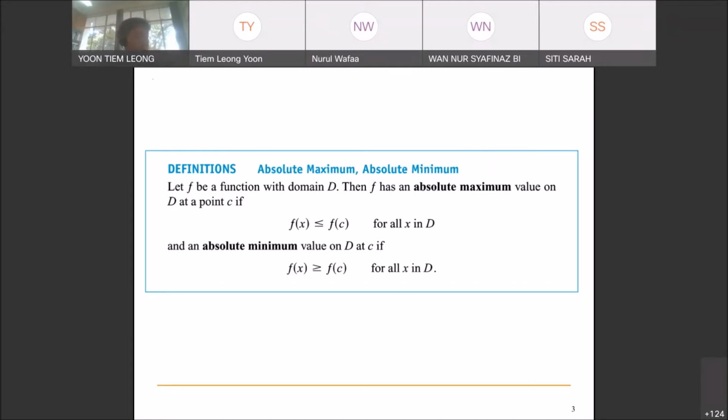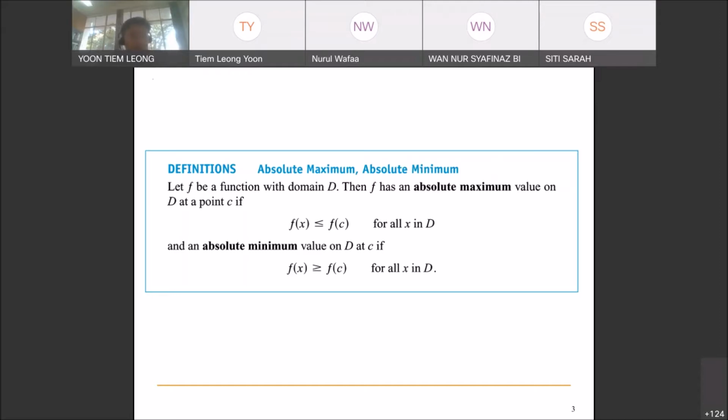Anyway, we are talking about definitions. In physics or in mathematics, you always have to define things properly before you use them. The definitions have to be properly defined before we use them. This is what mathematics does. You always define what you mean by a maximum and a minimum.